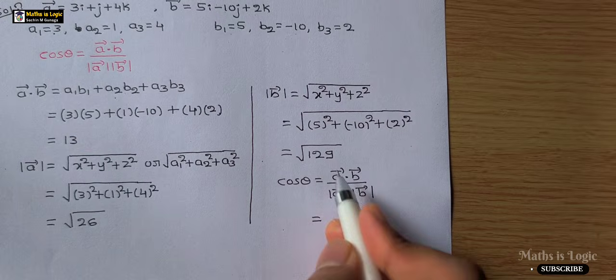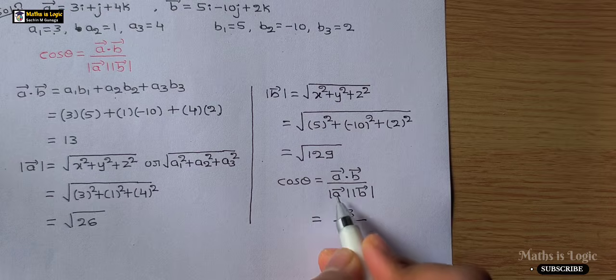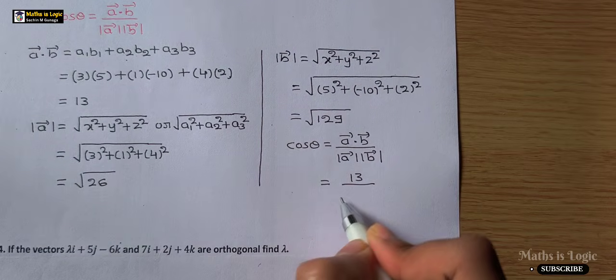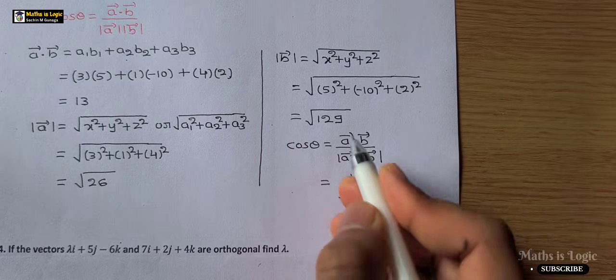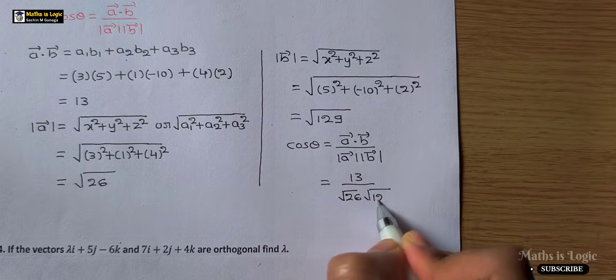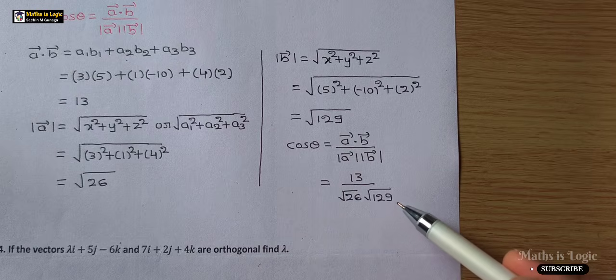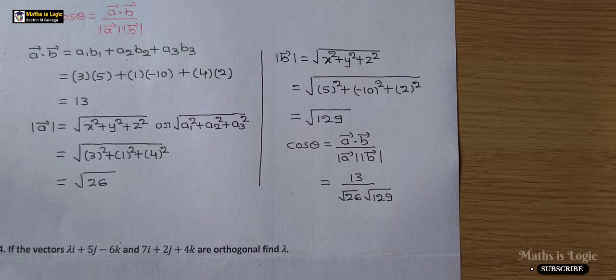Substitute a vector dot b vector is 13 divided by magnitude of a is root 26 into magnitude of b is root 129. So this is the final answer. Otherwise, common root you take, you can multiply 26 into 129. That is also correct. Therefore, this is the final answer.